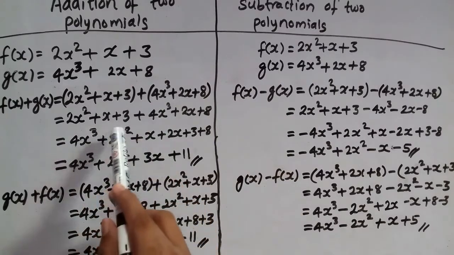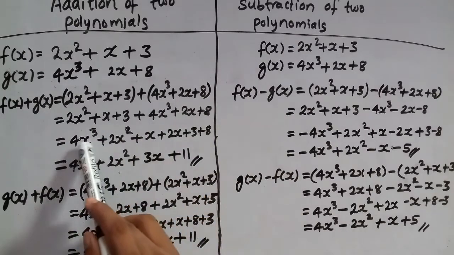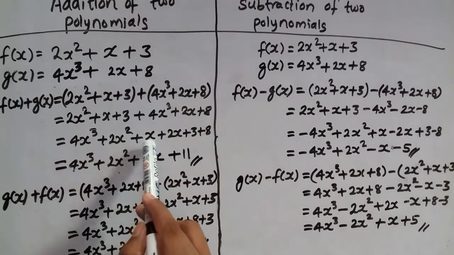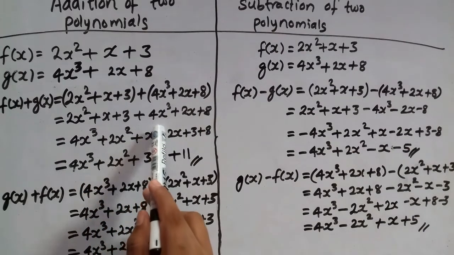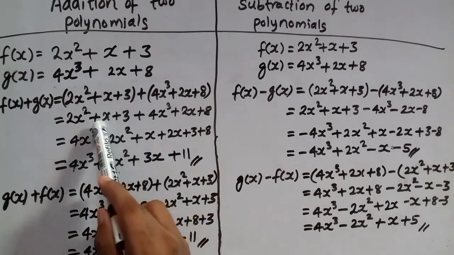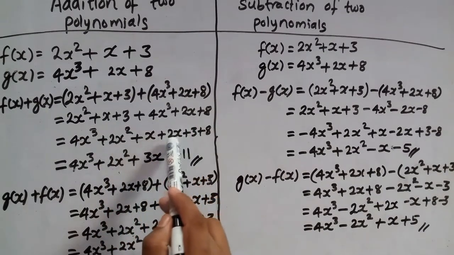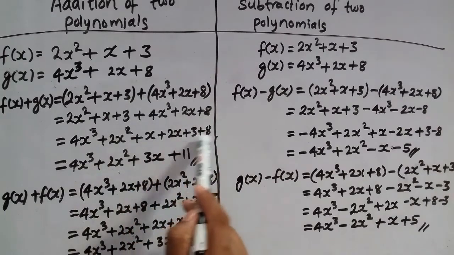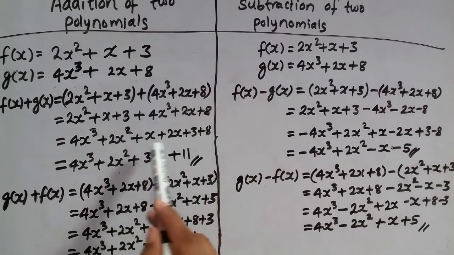There is no other term for x cube. For x square there is this term. For power 1 of x there is this term and another term. So these two are like terms, and 3 and 8 are another pair of like terms.